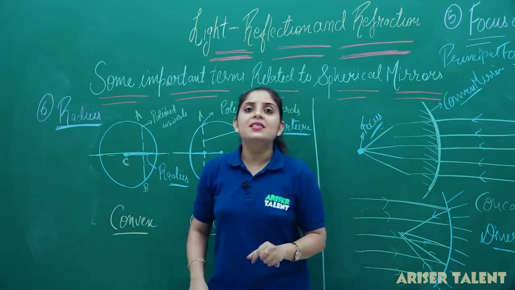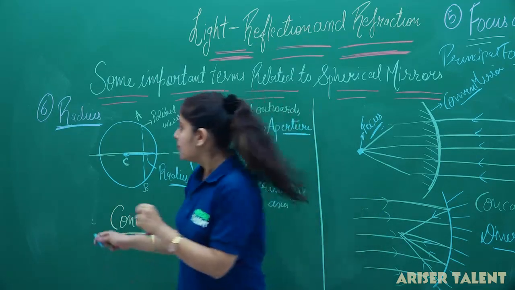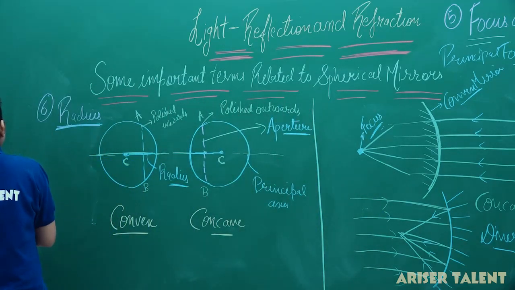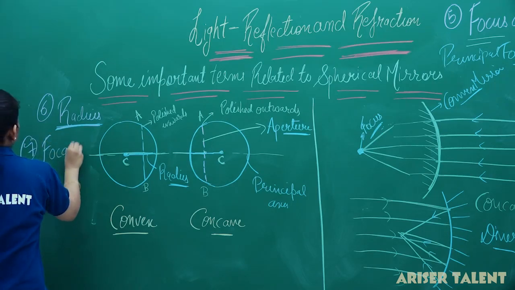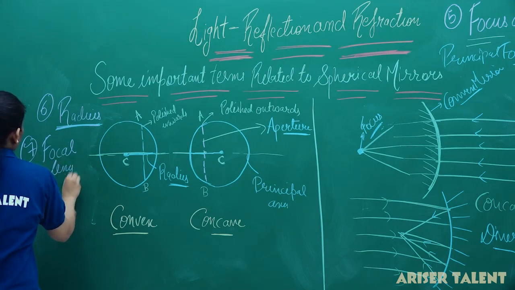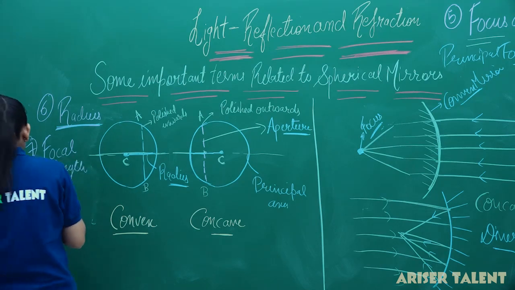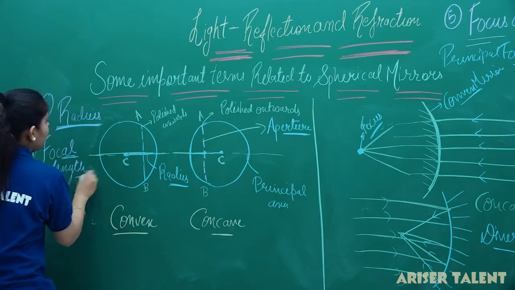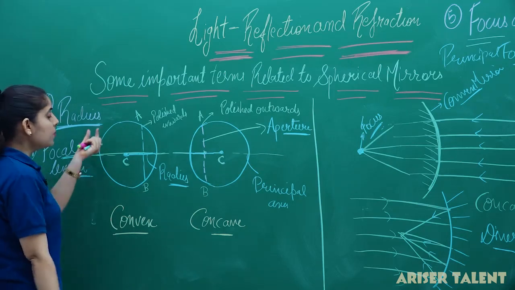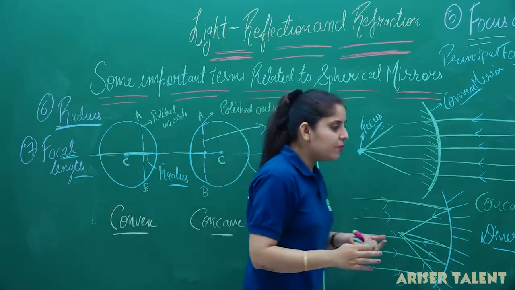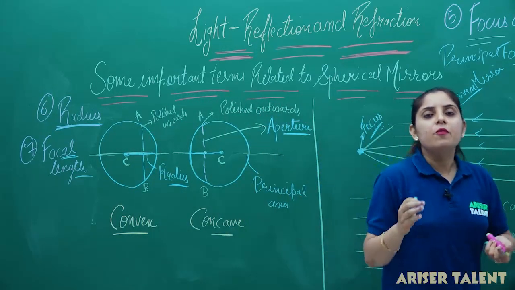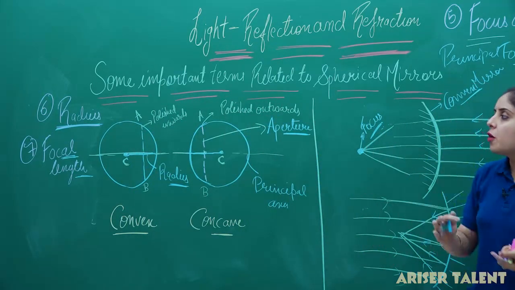Now, the next thing is about the focal length. The seventh term we have is about focal length. Now, what is focal length? The focal length is actually the distance between the pole and the focus of a mirror.